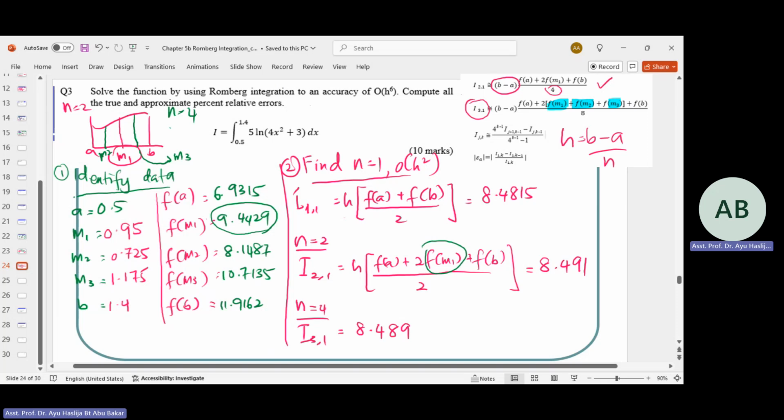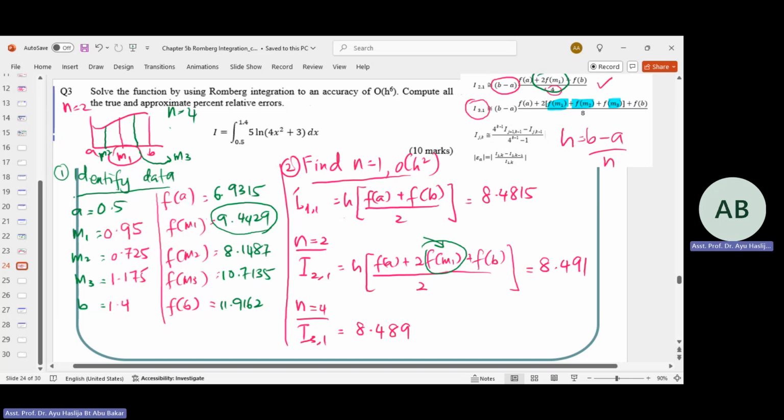It depends on your data. But in here just now we labeled FM1 is this value. Because M1 is 0.95, right? If you label 0.95 as M2, then your data will be FM2. But and then that is the value for this one. Yeah. Okay. This one FM1 is your midpoint.